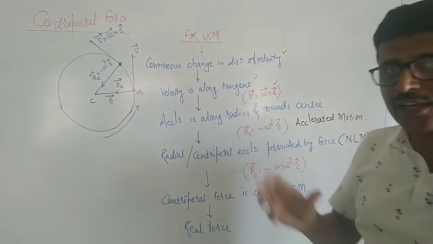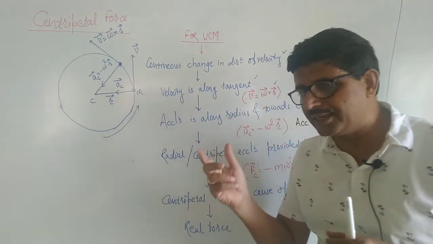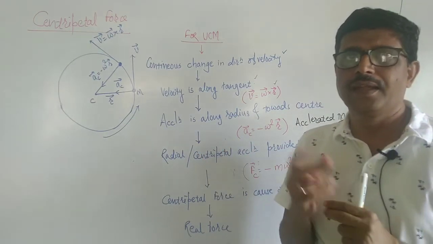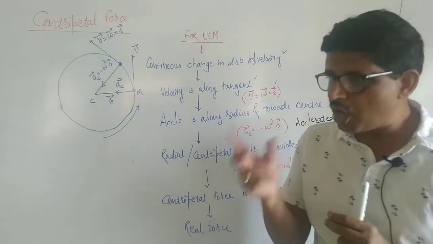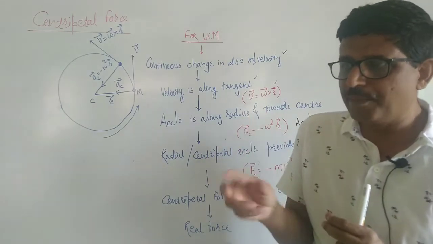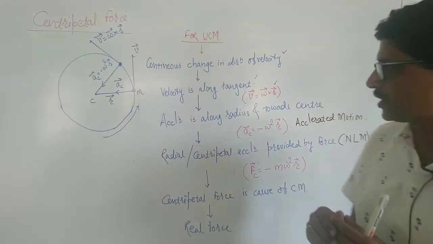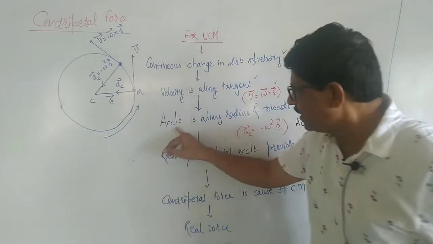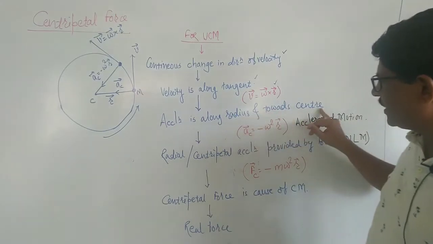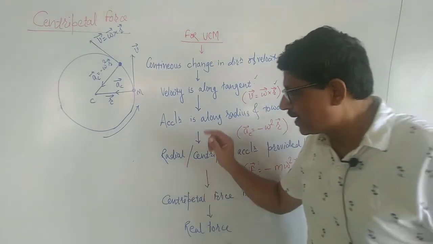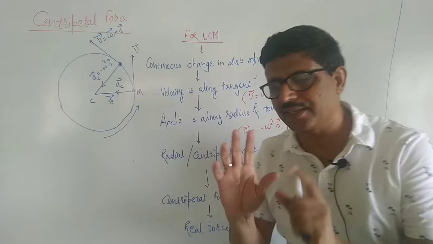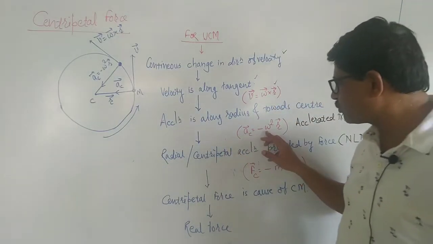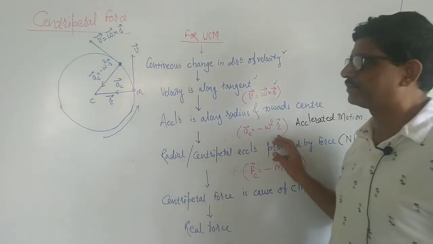And as the direction of velocity changes continuously, it has acceleration, or the acceleration is able to change the direction of velocity. This acceleration, as we have discussed earlier, is along the radius and towards the center, and hence called radial acceleration or centripetal acceleration, which is given by centripetal acceleration equals minus omega square vector r.